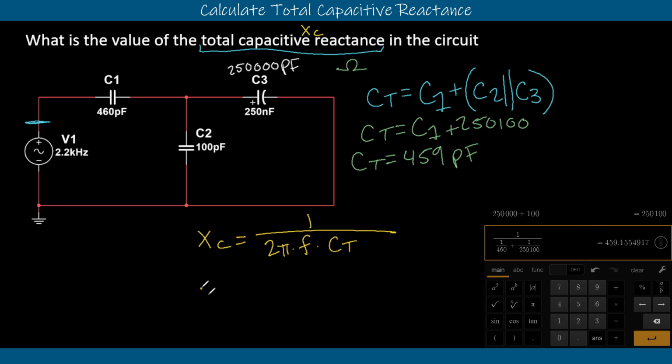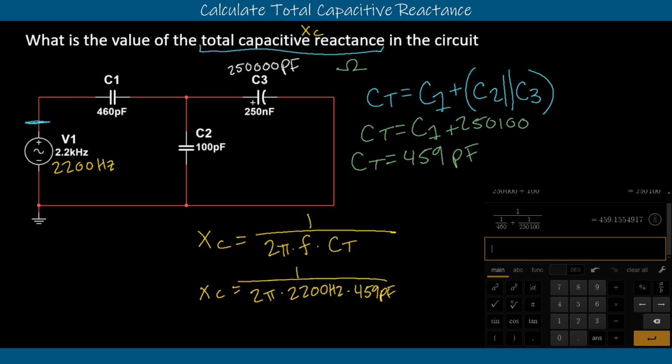So we'll plug in here. We'll say that XC is equal to 1 over 2 pi, our frequency, which we know over here is actually 2,200 hertz. So we can plug that in, multiplied by 2,200 hertz, multiplied by CT, which we know is 459 picofarads. So we'll plug that into our calculator, and that's going to be our answer.